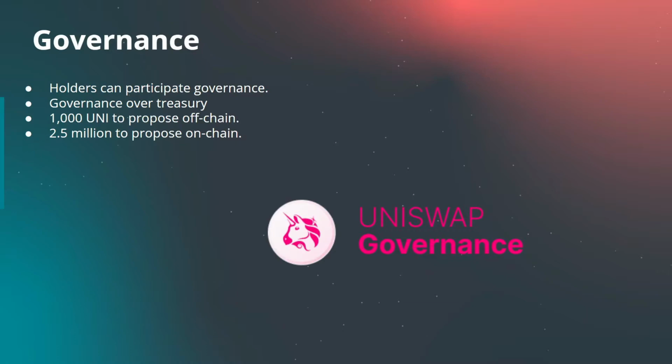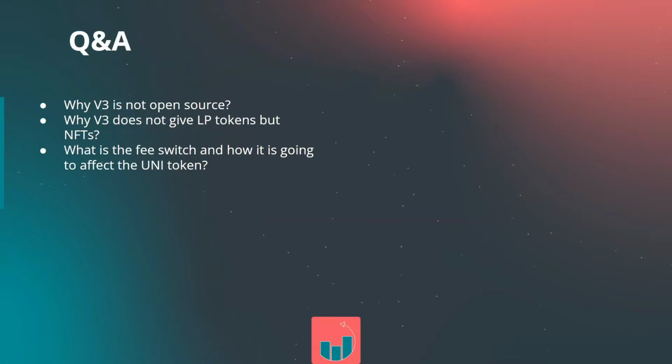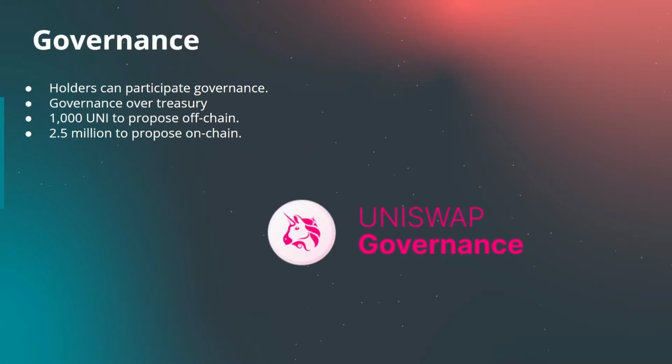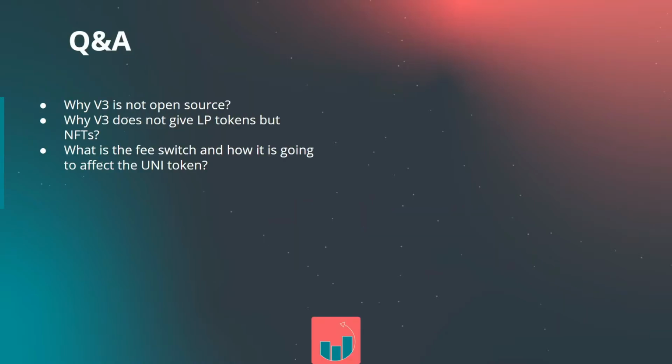If your proposal is passed, then you need to propose it on-chain, but your proposal has to have 2.5 million Uni tokens locked, which is not only held by you, but other people can also lock their tokens to your proposal. So this is all I want to talk about Uniswap, but there are some key points people are wondering about. So let's go to the Q&A session.